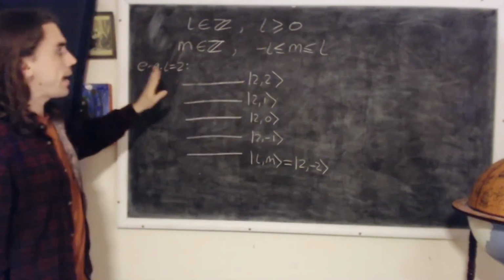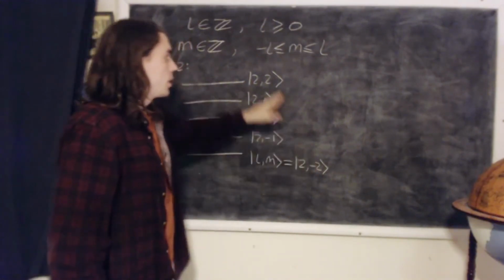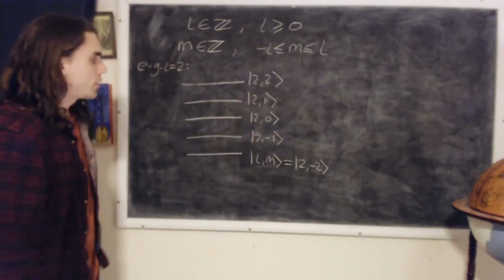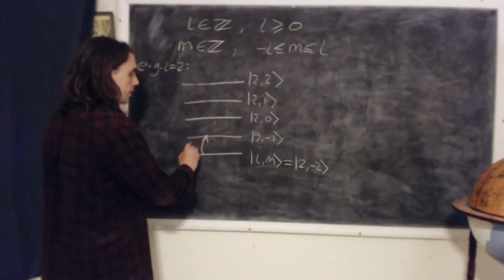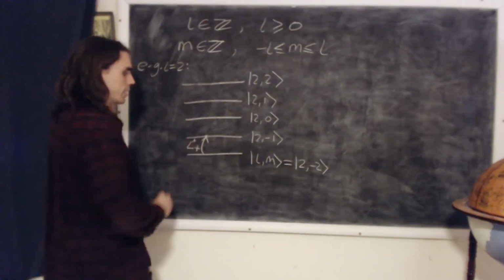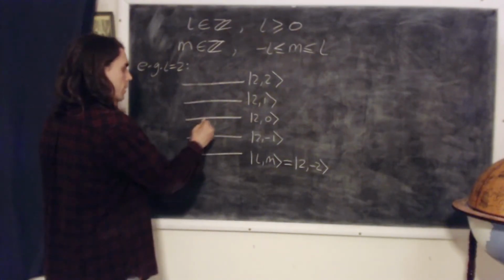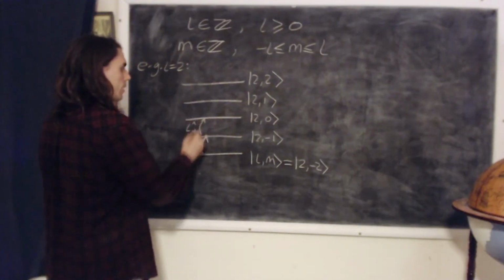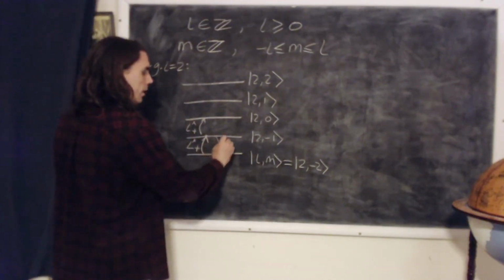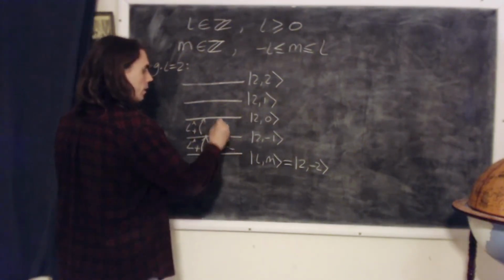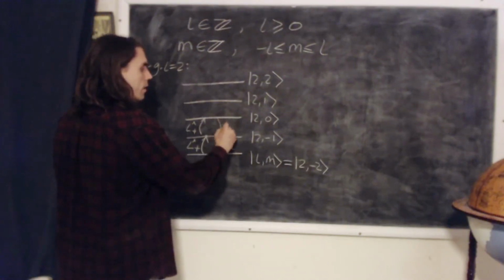Then our values of m can range from minus 2 up to 2. To go up the rungs of this ladder, we use L plus, the angular momentum raising operator. We can do that repeatedly. And to go back down, we use L minus, like so.